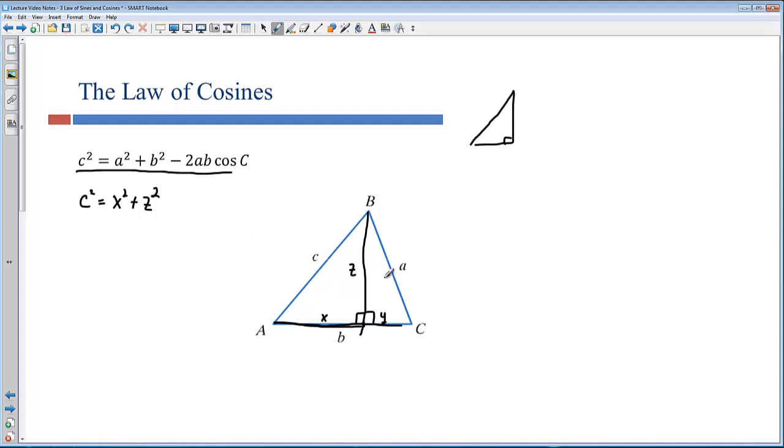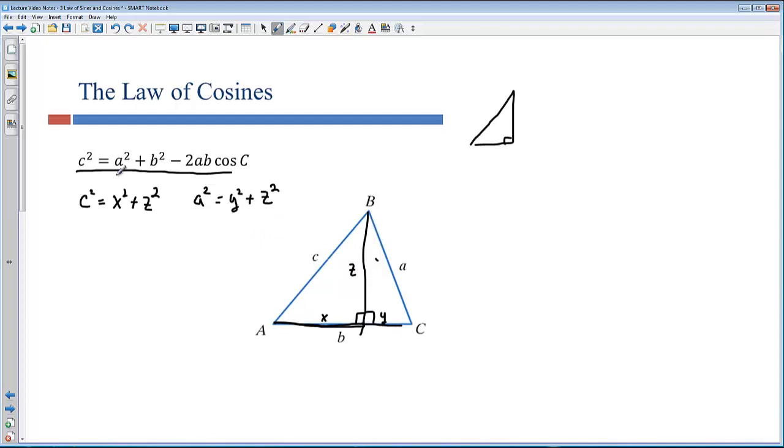Over here, we can use this right triangle to show that a squared, which is the hypotenuse of this right triangle, is equal to y squared plus z squared. This just follows from the Pythagorean theorem with these two different right triangles.